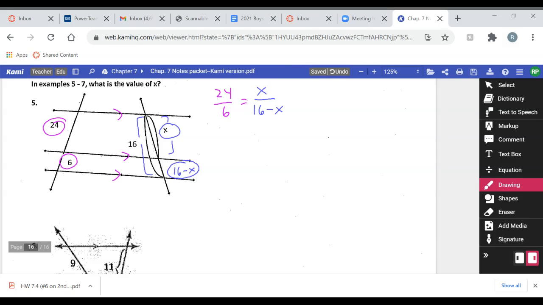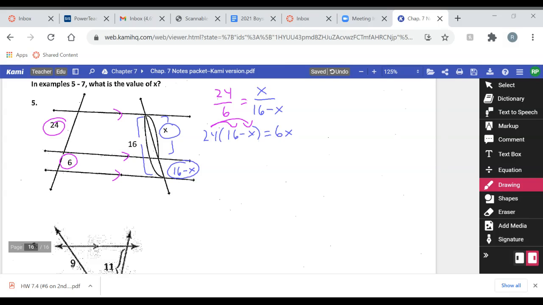Okay, and so now when I cross multiply, then I've got 24 parentheses 16 minus x is equal to 6x. All right, from there I can distribute the 24.